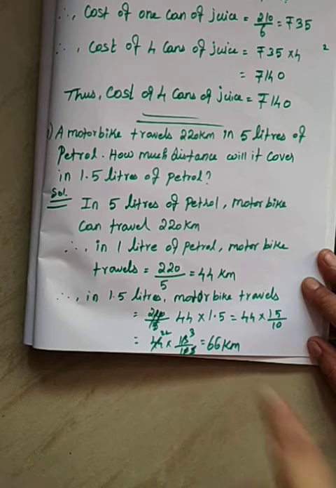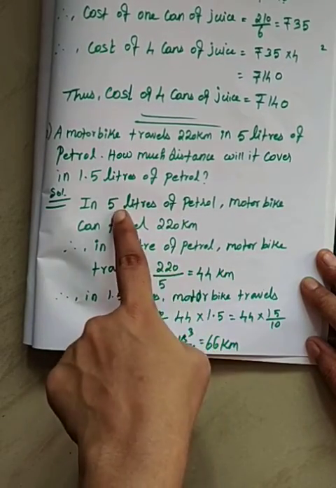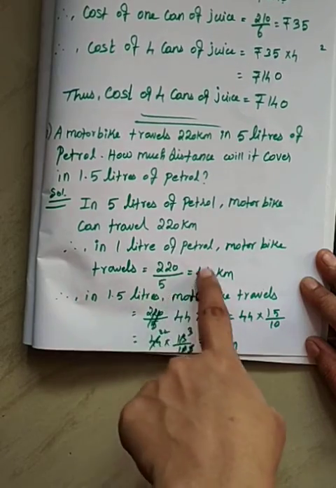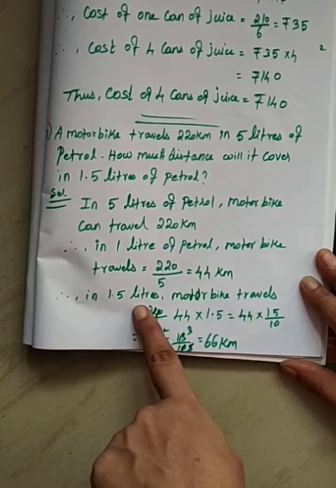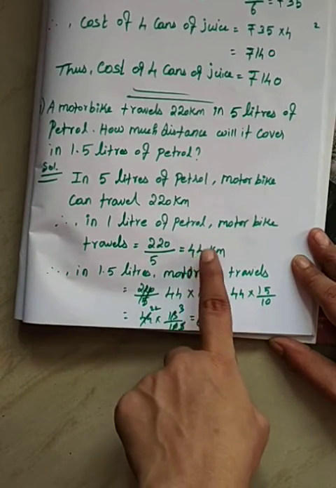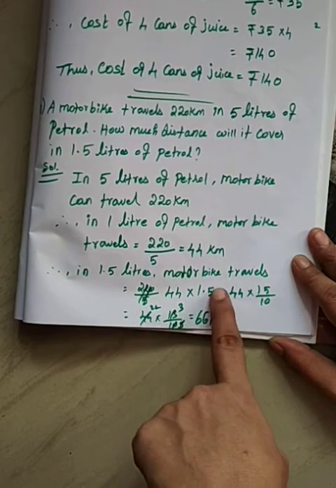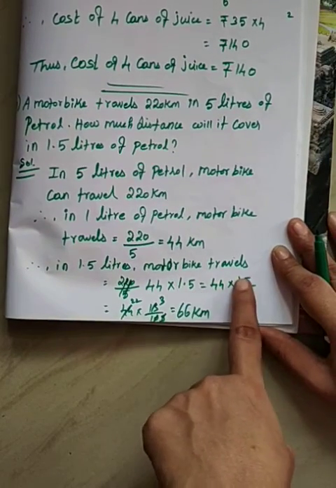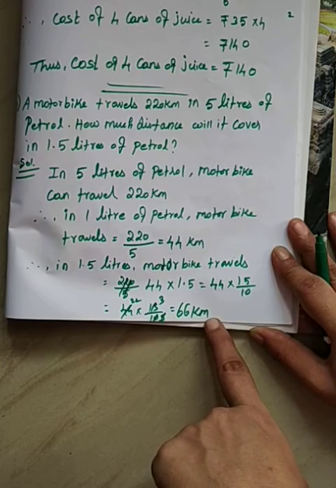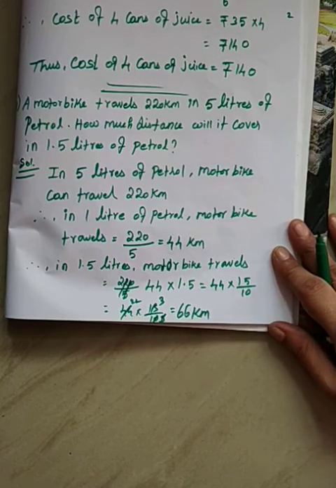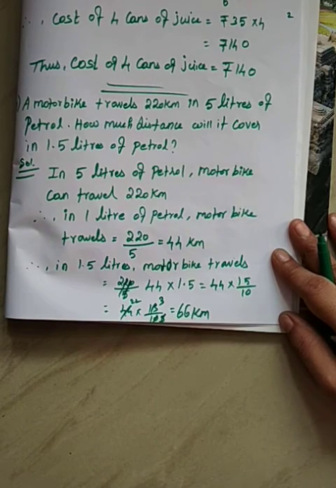So we have to find 1 liter of petrol is nothing but 220 divided by total 5 liter. Calculating in that one, you will get 44 kilometer. Now you have to find 1.5 liter motorbike travel. So here you can take 44 into 1.5. In this 1.5 you have to multiply 10 divided by 10 means you will get 15 by 10. Now simplifying in that one, you will get 66 kilometer. Therefore, the motorbike can travel 66 kilometer in 1.5 liter of petrol. Clear?